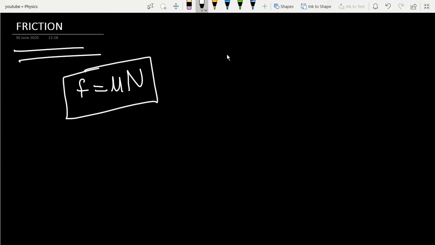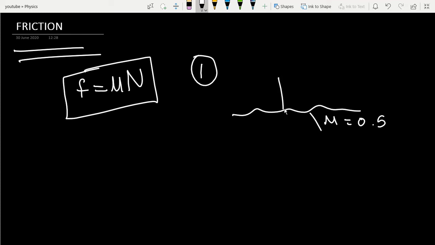Now let's look at the first question. There's a rough surface which has a coefficient of friction of 0.5, and there's a body which has a mass of 5 kg. Find the static friction produced. Okay, we have to find static friction. Now, we know that normal is equal to mass into gravity.